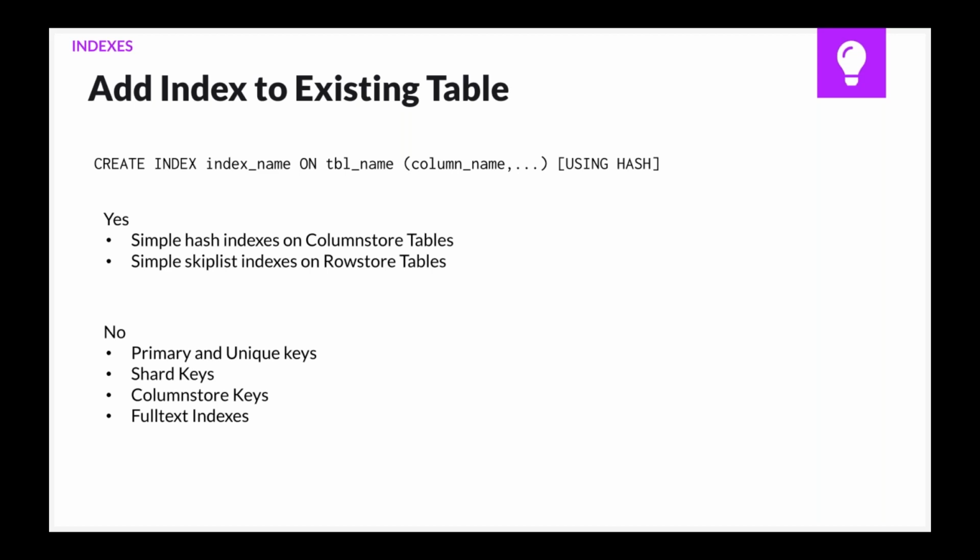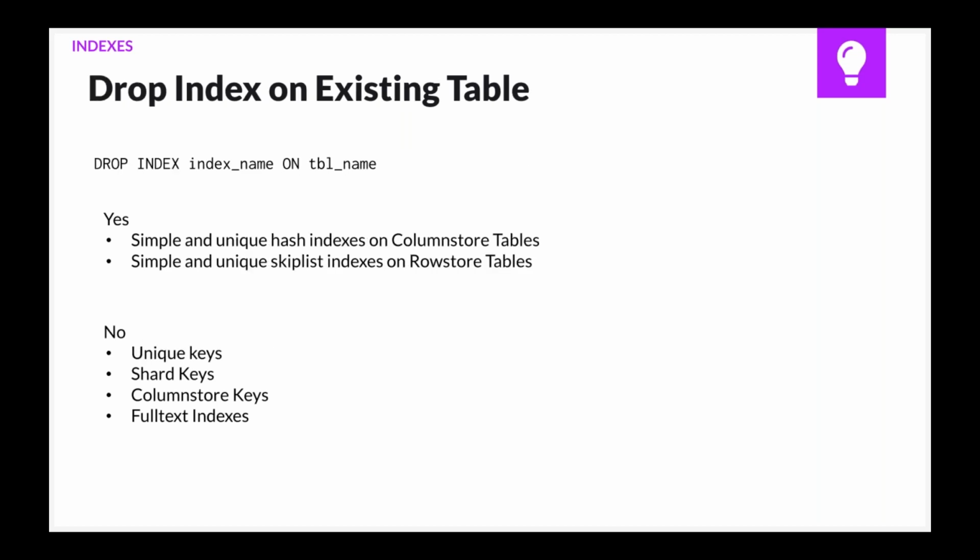And similar to adding an index, this is something that you could have as temporary or for long term. You could always drop your index with the drop index command, and this can be done on both the Columnstore and Rowstore tables. Today, SingleStore does operate with universal storage.